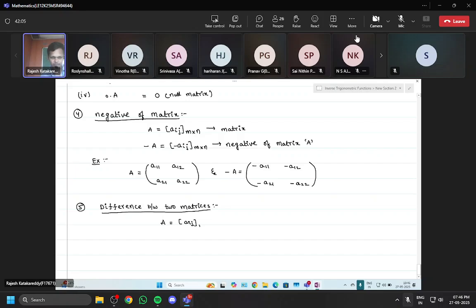Order must be the same, we cannot neglect that. If you neglect it, you don't have a difference or sum in that case. So if you studied multiplication of matrices, guys, can we have a product between two matrices if they are of the same order?